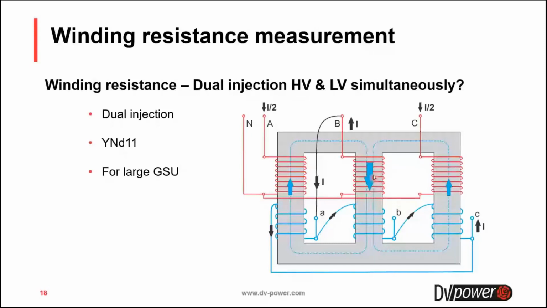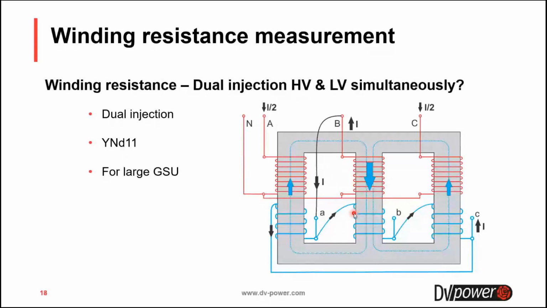We inject half current to the outer legs of the transformer core and return it through the middle leg. After that, current will flow through the LV side. These setups help us shorten the testing time 5 to 10 times on large units.